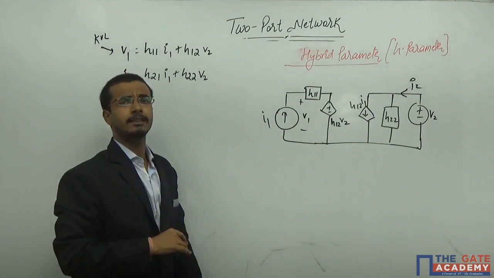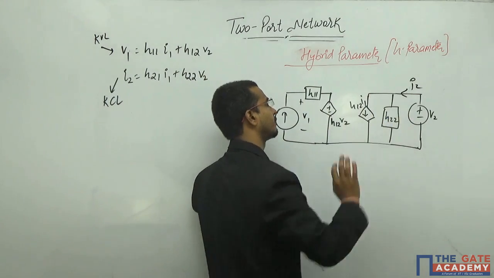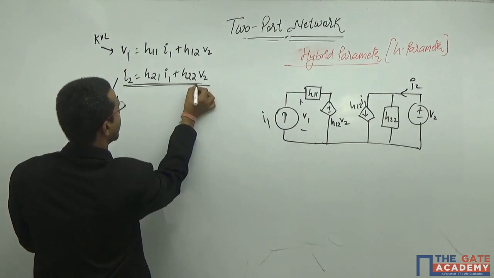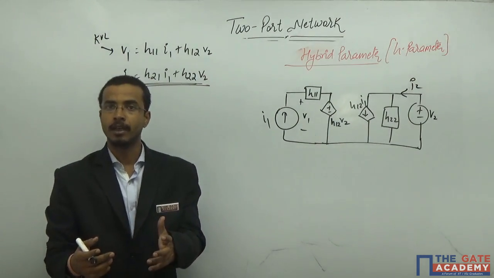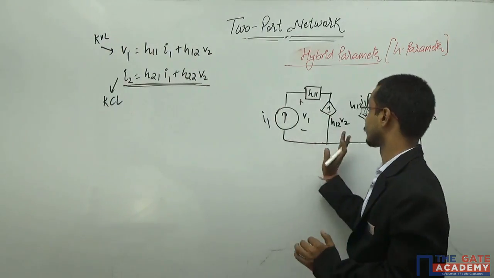Now you can think, why have I drawn this in series and this in parallel? Because here you are adding the currents, and current addition or subtraction is only possible in the parallel combination, and voltage addition or subtraction is only possible in the series combination.